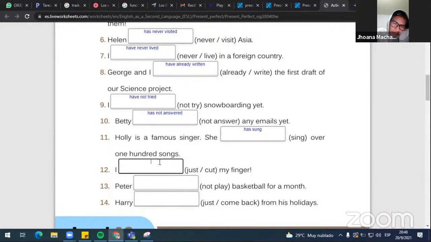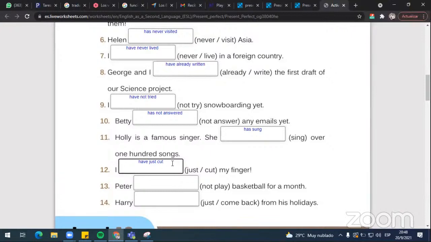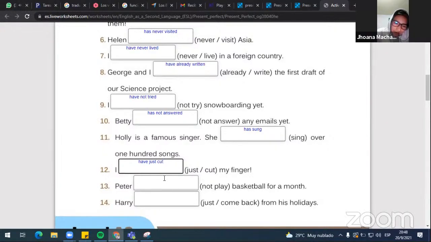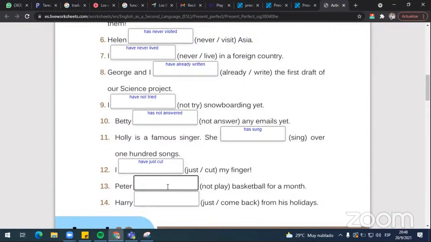I have just cut my finger. No, has. Okay, have. It's the same word, no? It's the same verb in past participle. Okay. It's Pilar's turn.